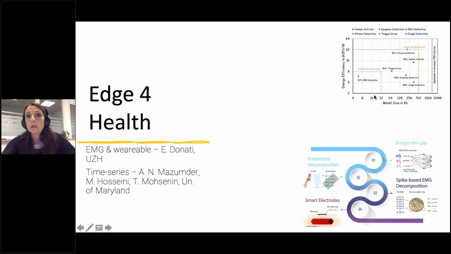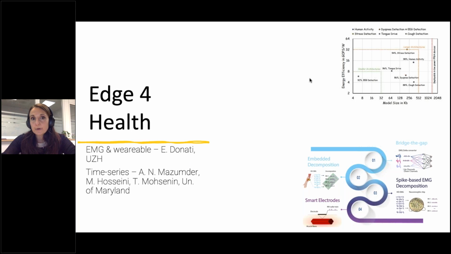For example, from electroencephalogram, you can detect dyspnea, you can detect if the person is coughing, you can detect stress, and so on. And if you can do this with a neuromorphic device using recurrent spiking neural networks, you can go towards the design of embeddable and low power systems.